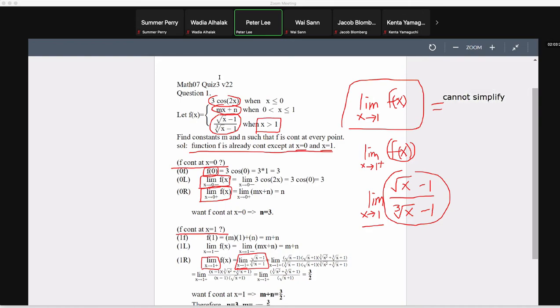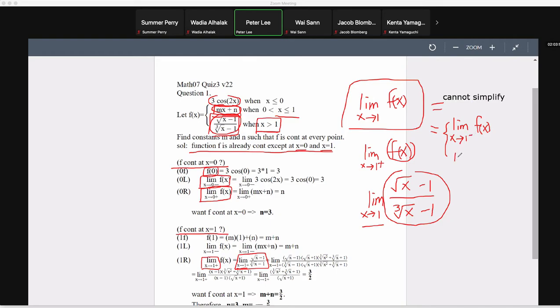Because when x is less than 1, we have to take this expression, and when x is bigger than 1, we take this expression. So when you have an expression like this, the only way to do it is to split it, and then take the limit of f(x) as x goes to 1 minus.